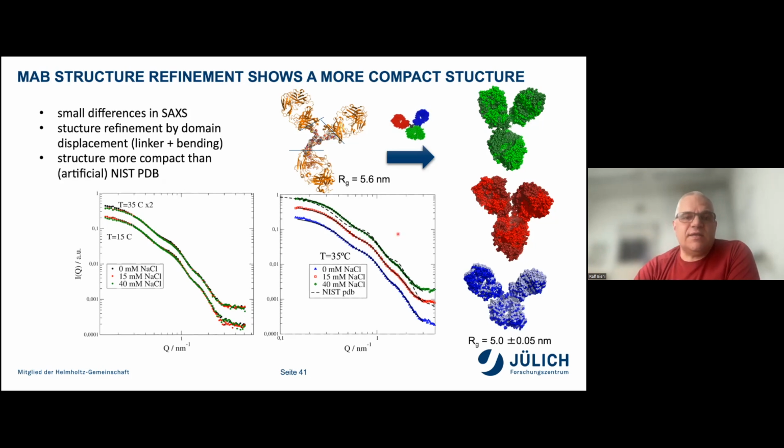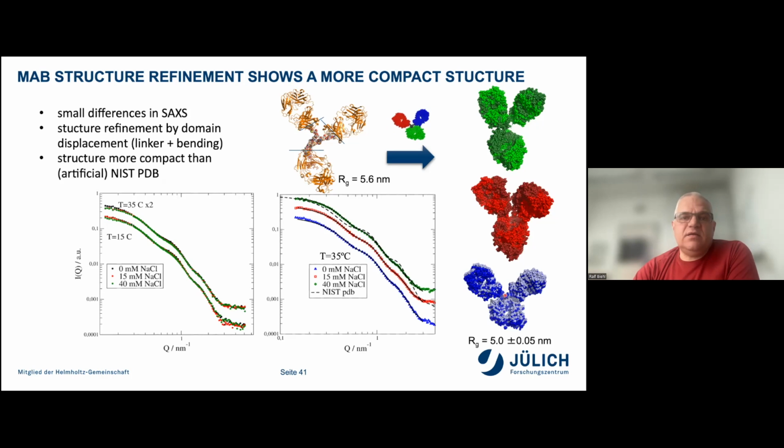What we find then are very good fits that describe the structure. In general, we find smaller structures. The radius of gyration of them all is on average around 5, whereas in this structure we find 5.6. What we see is that this structure without salt seems to be more open compared to the other two. So this is just a bit more open.